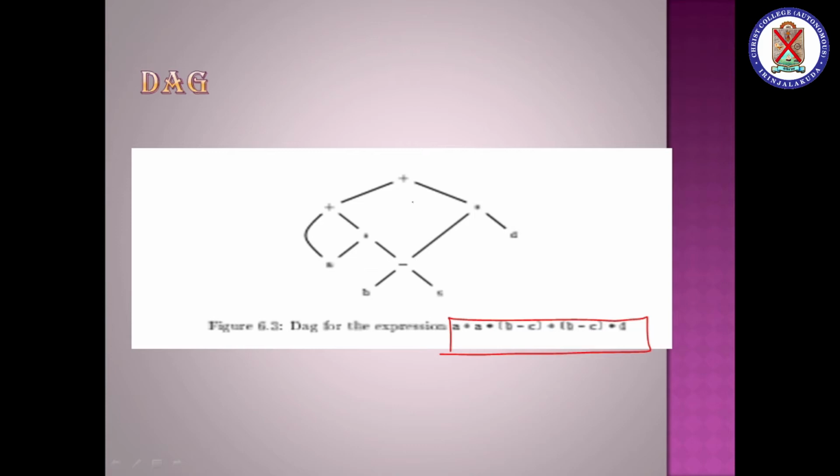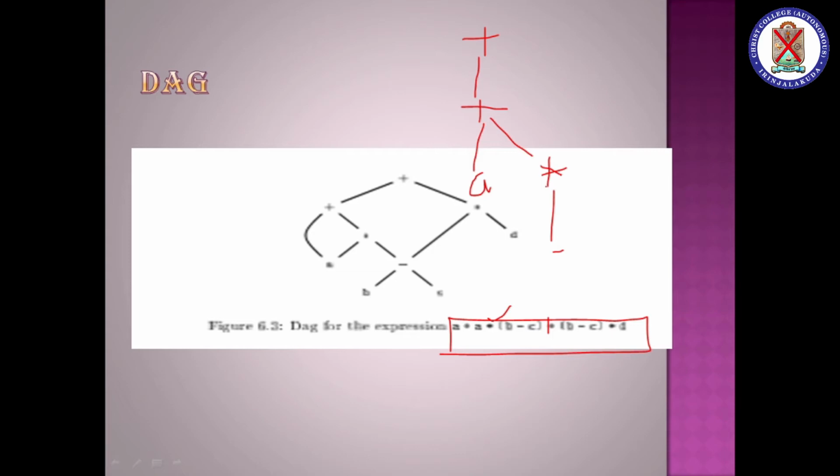How can we draw the syntax tree for this? Here it is plus, so I draw plus here. Next again it is plus, so I again draw plus here. On the left hand side we give A. Now it is star here, so I draw star here. Then it is minus.